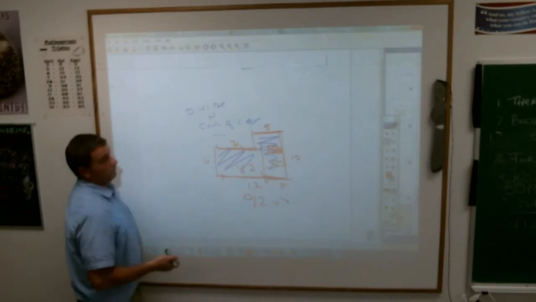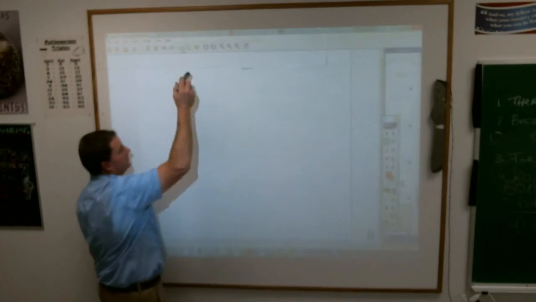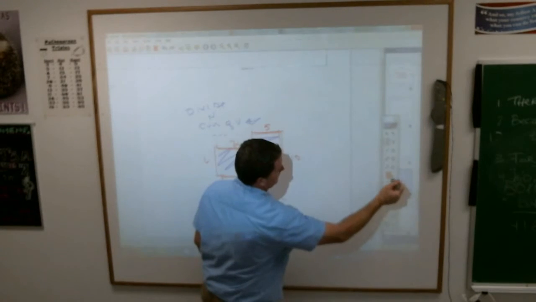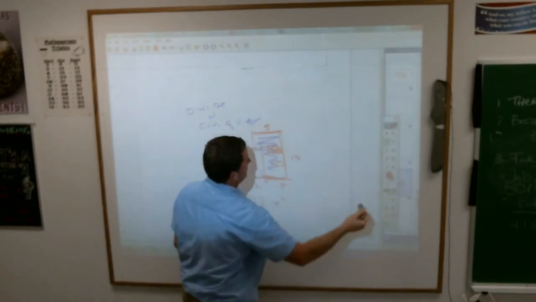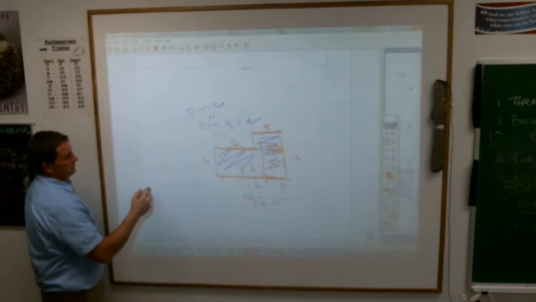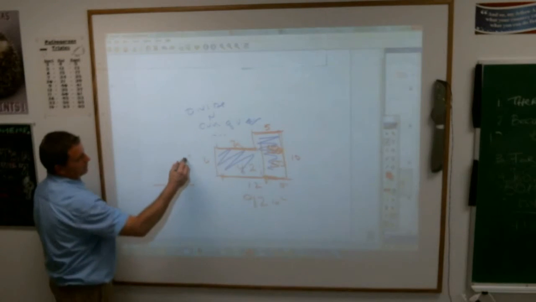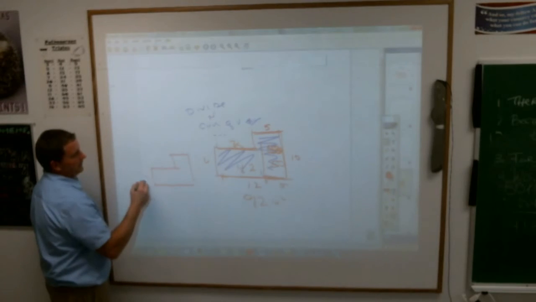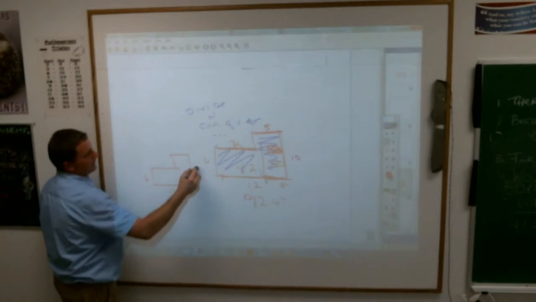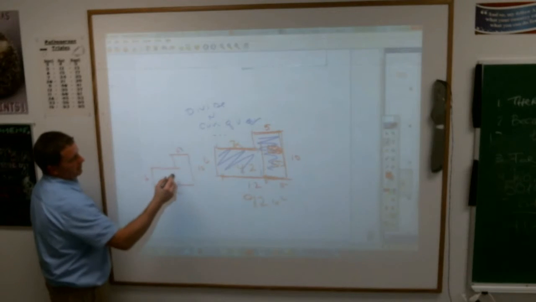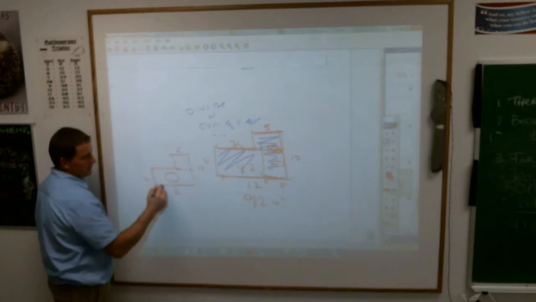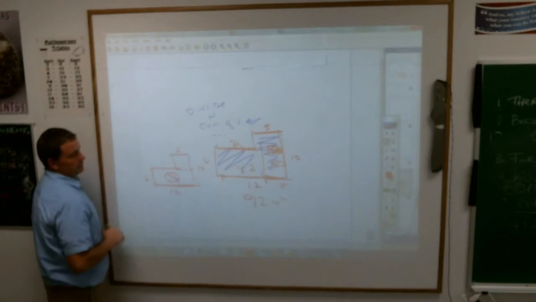Now, just to prove to you that it really doesn't matter, let me redraw that thing. Let me just keep the same paper there. I'll just do the same one over here if I can get it to work. See, I've got the same 6, 12, 10, and 5, but instead of cutting it that way, I cut it this way. What's the area of this rectangle? 6 times 12 is 72.